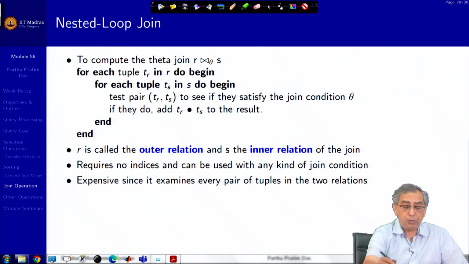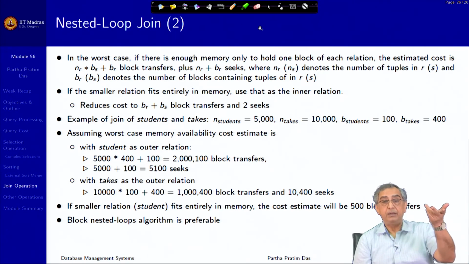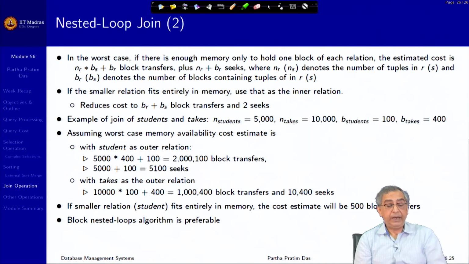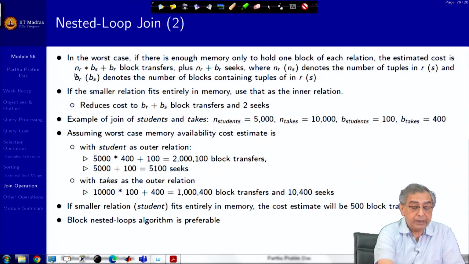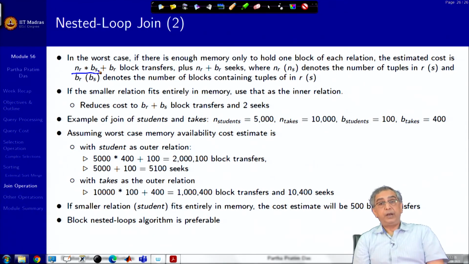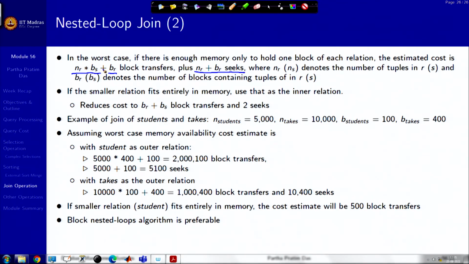Naturally, for every tuple in the outer relation, you will have to access the entire inner relation, because you are going one by one. That means so many block transfers overall and so many seeks. So this is going to be quite an expensive operation.